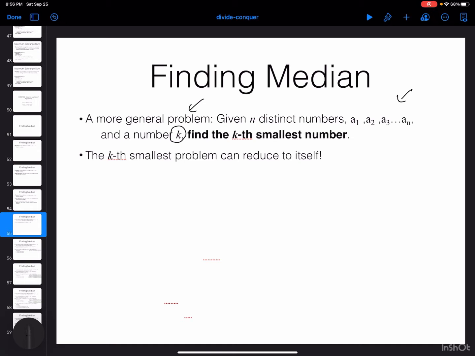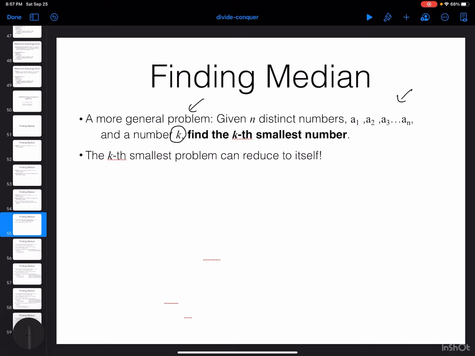The nice thing about this problem, although it is more general, is that it is reducible to itself. So I can find a recursive relation for such a problem. What is the idea?